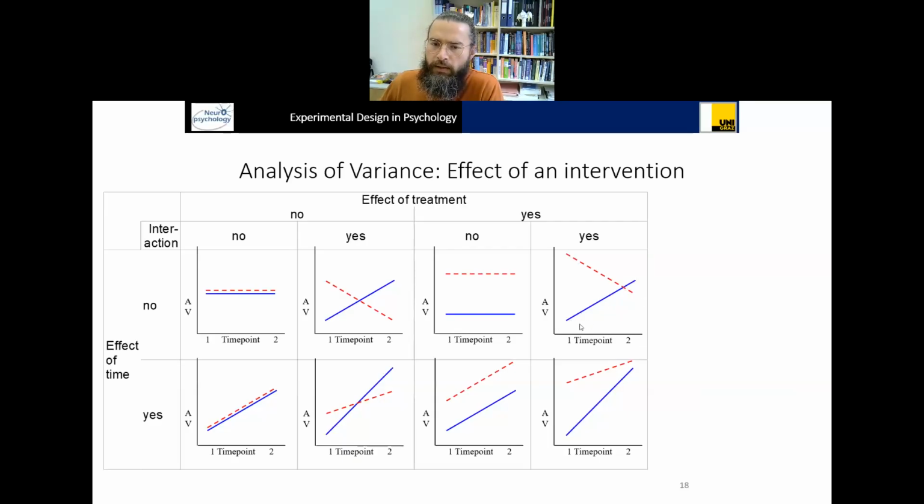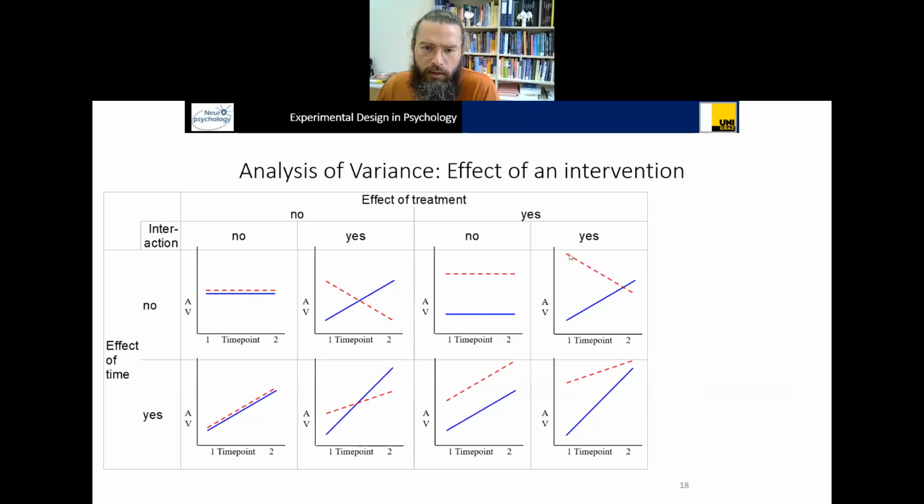So if you have an impaired group at the beginning, and it will improve towards the post-test, but you have here another group which is becoming worse with the intervention. So this is a kind of a weird constellation.